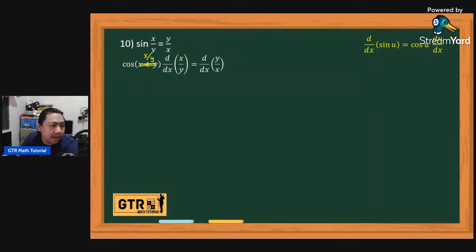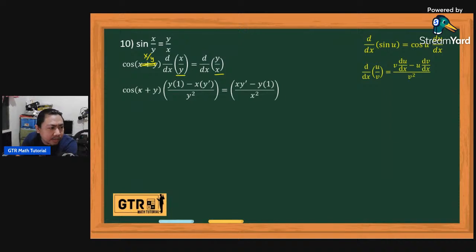Then the derivative of x over y equals the derivative of y over x. So we will use the quotient rule: v du minus u dv with respect to x over v squared. So apply the derivative of this. Nabaligtad lang. So this term is cosine of x over y.